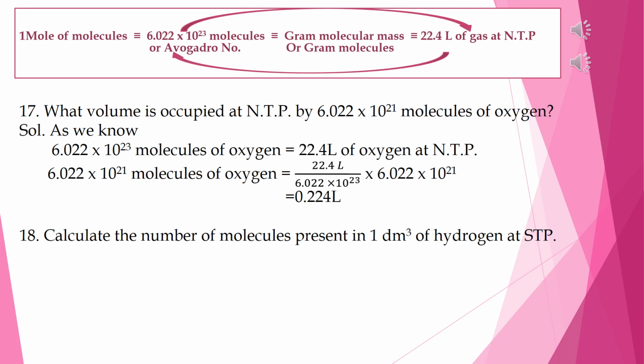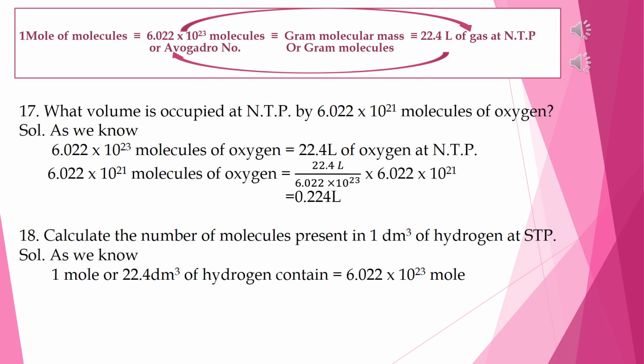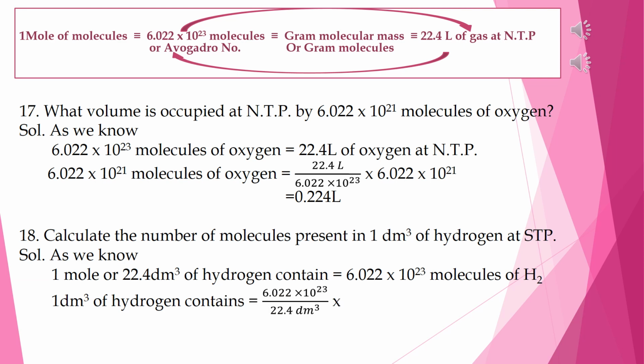As we know, 1 mole or 22.4 decimeter cube of hydrogen contains Avogadro number of molecules of hydrogen. So 1 decimeter cube of hydrogen contains how many molecules? 6.022 into 10 to the power 23 divided by 22.4. So it is equal to 2.69 into 10 to the power 22 molecules.